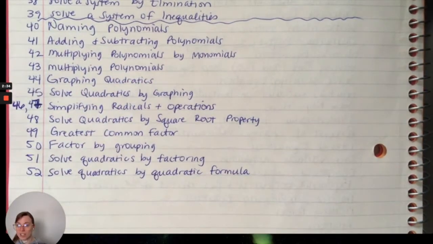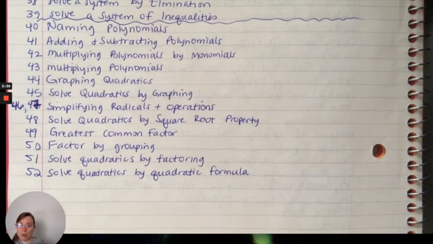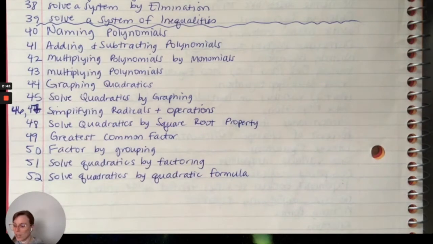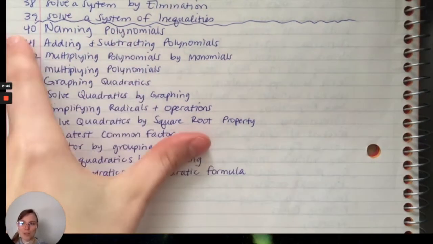So notice that it's longer. It is on the back, so I probably won't show you the front page anymore. I'm just going to go straight to the back and say, hey, here's our page, here's our concept, we're going. So, hey, here's naming polynomials, page 40, and we're going. Okay, I gotta go find page 40. There's page 40.